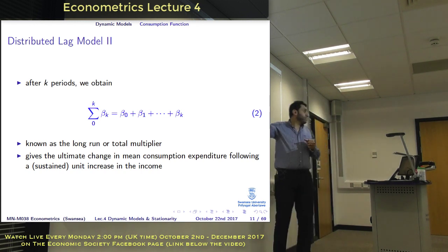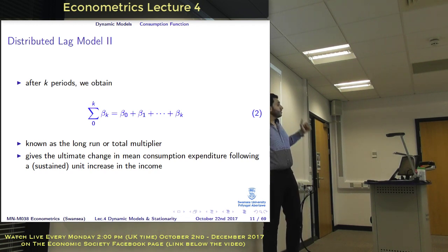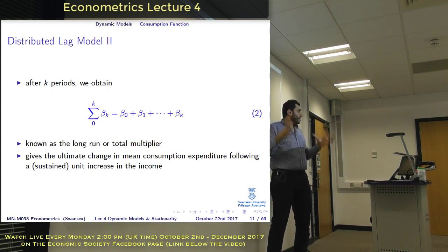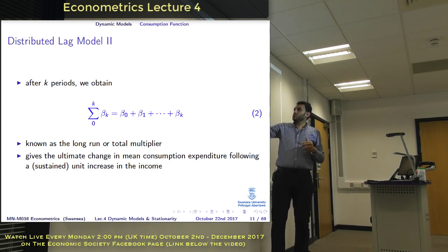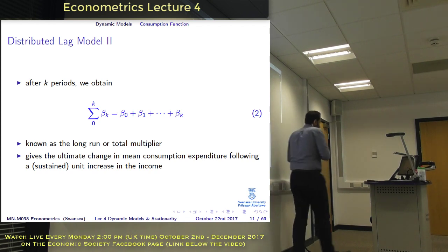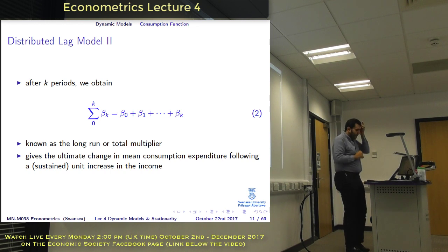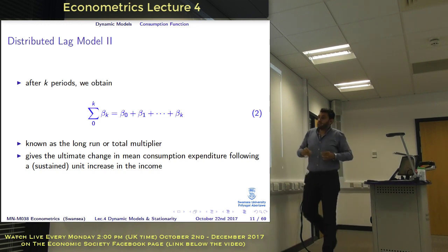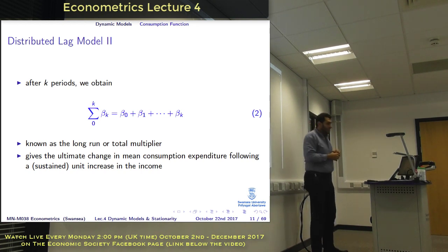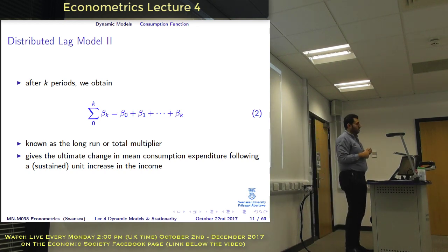The sum of all these betas starts from beta 0, in our example to beta 16 because we had 16 lags, or in the generalized form, up to beta k. This is called the long run, or the total multiplier, and this gives the ultimate change in mean consumption expenditure, which is yt, following a sustained unit increase in income.